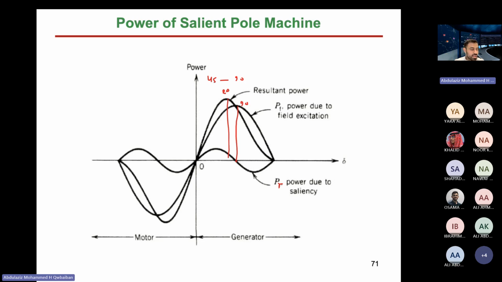So now, here is a question in the exam. We call this Ali's question in the exam. What's Ali's question in the exam? Which one has better stability range? Round rotor or salient pole? Ali, answer your question. Oh, I thought it was a general question. No, for you. Repeat it again, please. Which one is more stable?